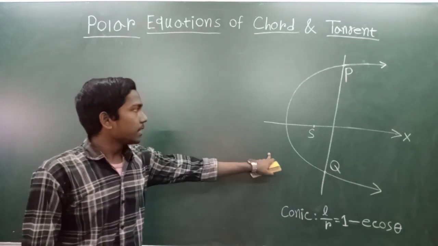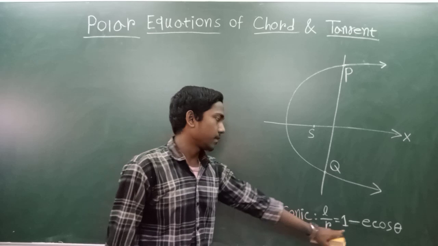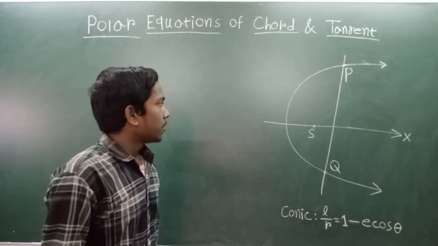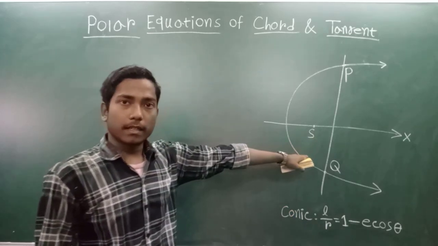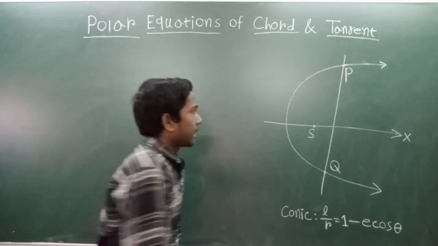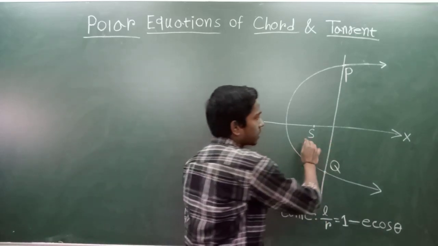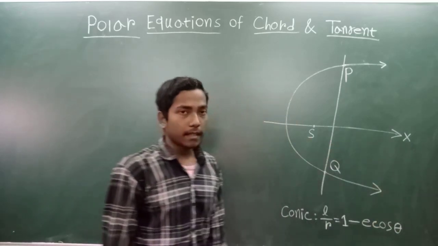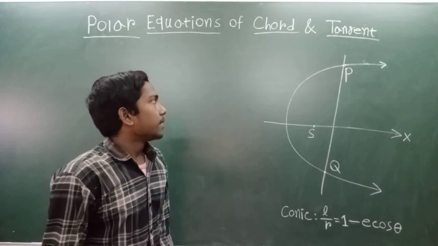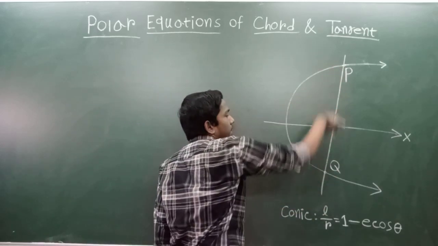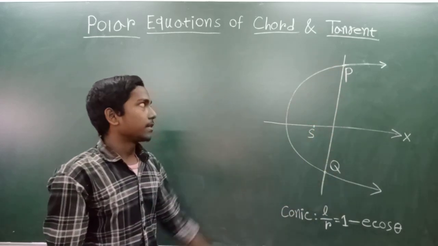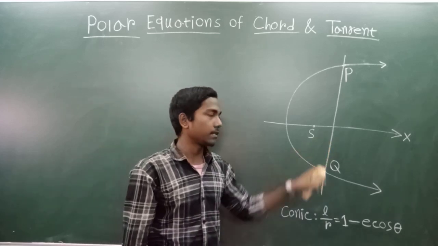Now, there is a conic whose equation is given as l by r equals 1 minus e cos theta. The focus of the conic is taken as the pole, and the positive direction of the initial line is taken in the right direction. Now, a chord passes through 2 points P and Q on the conic and we have to derive the equation of this chord.